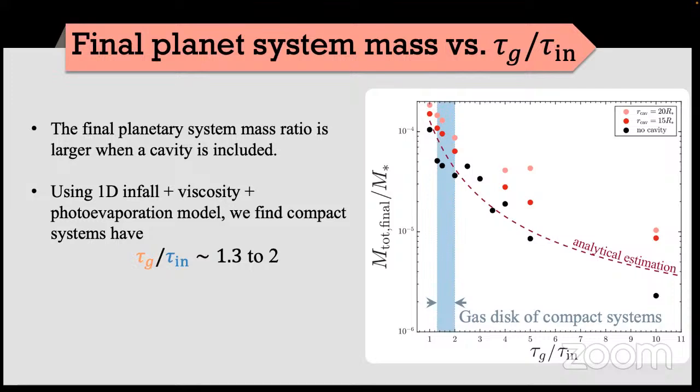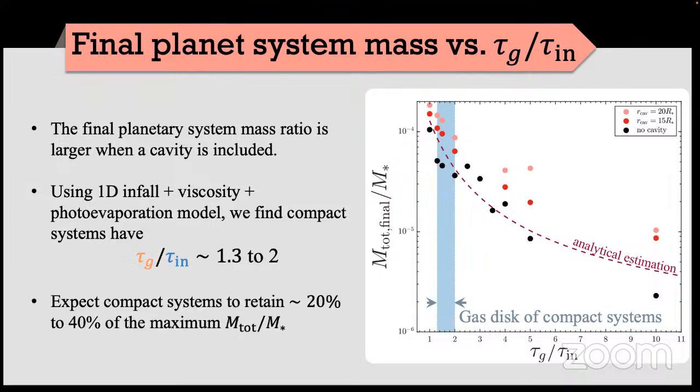So this means that maybe for our solar system, tau_g over tau_in may have been larger, and therefore we don't retain most of the masses that are accreted during infall. But for compact systems, where the material arrives very close to the star, where photoevaporation and viscosity are more efficient, then tau_g over tau_in might be relatively small.